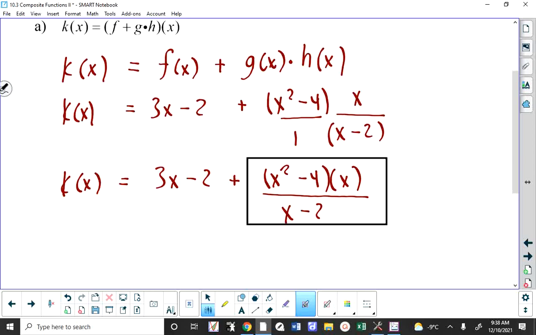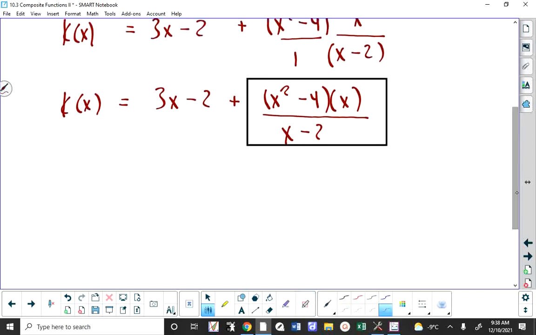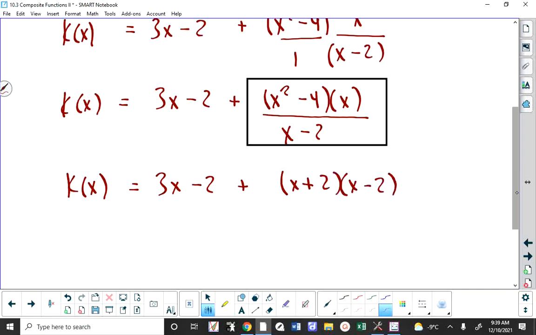And to simplify a rational expression, you don't multiply stuff out, you factor stuff. So that x squared minus 4 is a difference of squares. I can factor part of the numerator as x plus 2, x minus 2. And then I still have that other factor of x, and this is over x minus 2.